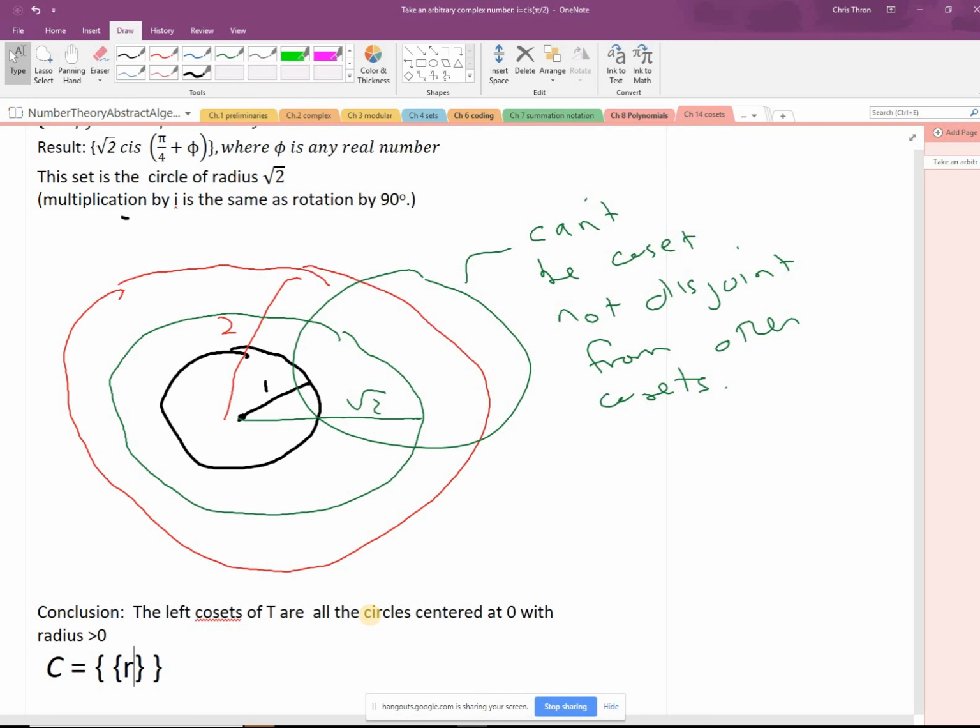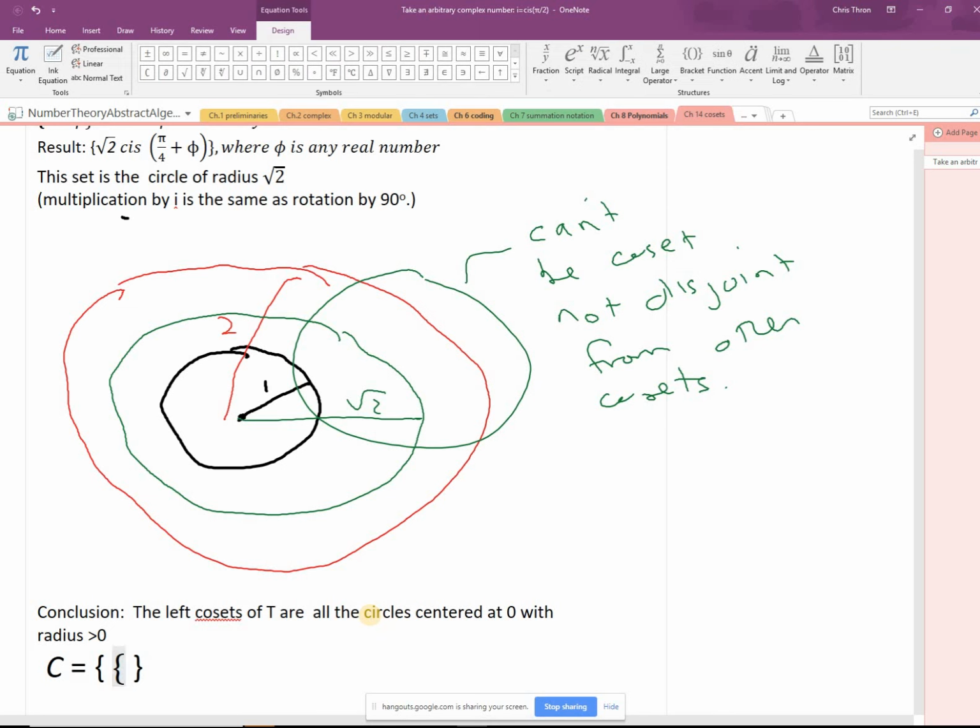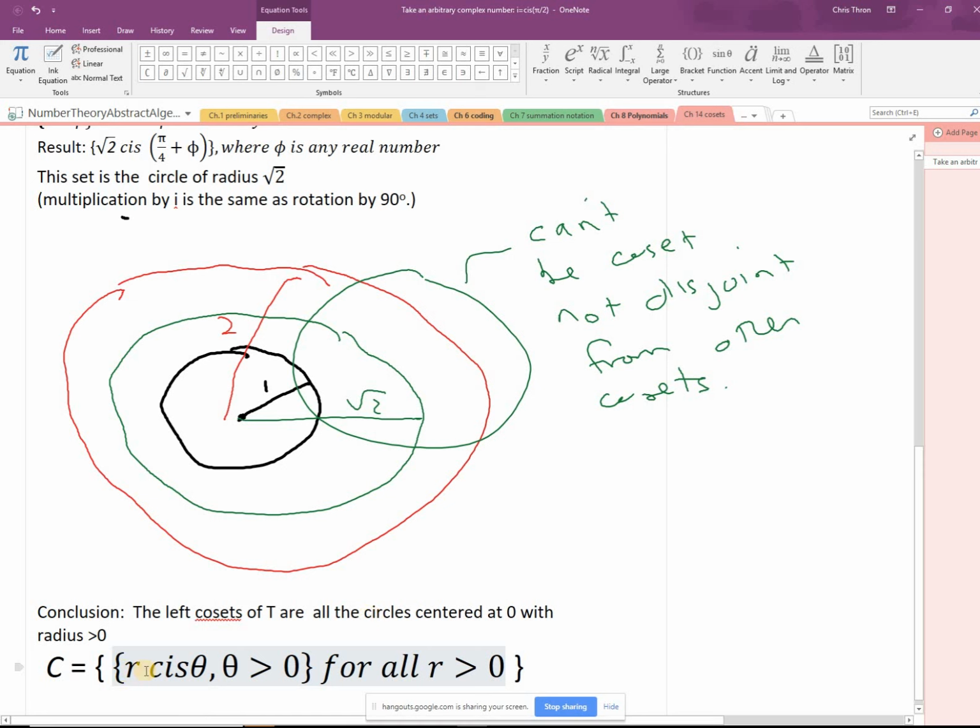Then it says for all R greater than 0. Okay, so each one of these, for any particular R, this is a set.